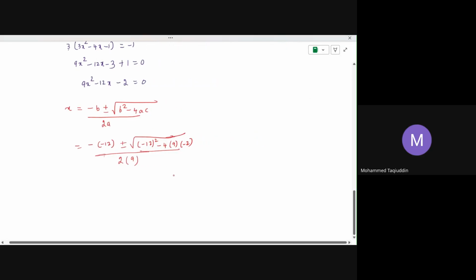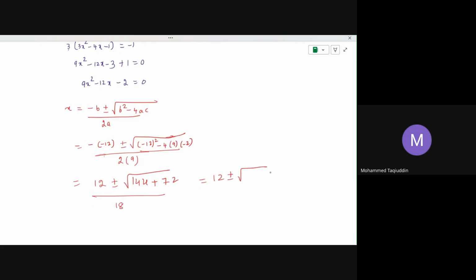Negative times negative is positive, so 144 plus 72, upon 18. Also, I have 12 plus or minus the square root of what is 144 plus 72? 216, isn't it?